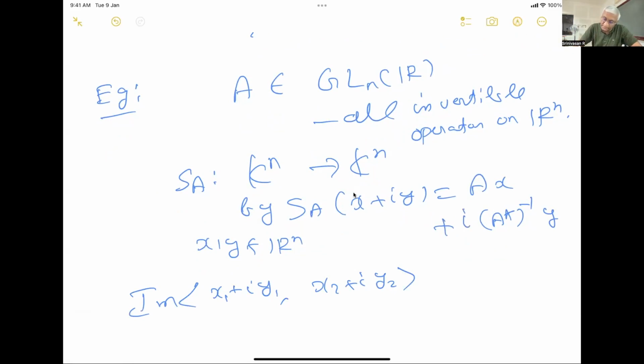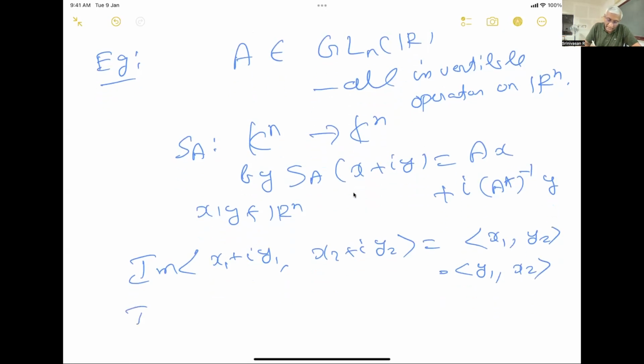This is equal to the inner product of x1 with y2 minus the inner product of y1 with x2, where the inner product is conjugate linear in the first variable. This is the imaginary part of the inner product.